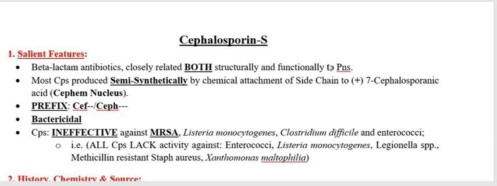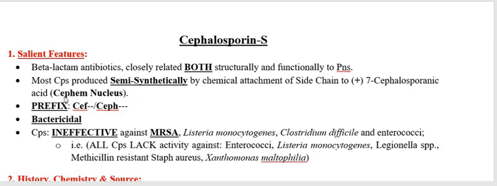However, in case of penicillin, it was 6-aminopenicillanic acid, and in case of cephalosporins, this is 7-aminocephalosporinic acid, which is also known as the cepham nucleus.